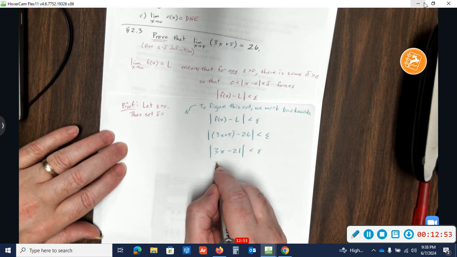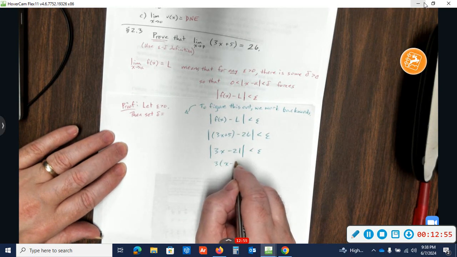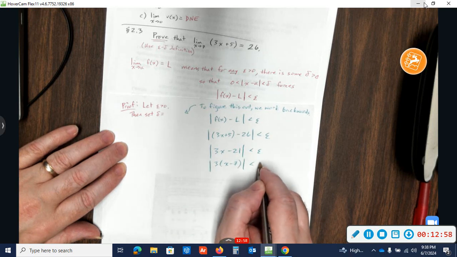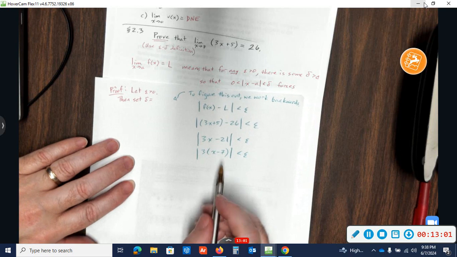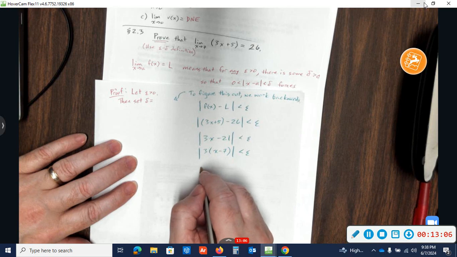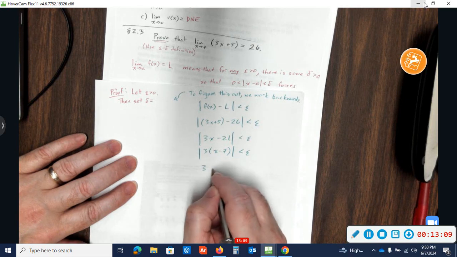And this is 3 times the quantity x minus 7, that's less than epsilon. Properties of absolute values tell me that the absolute value of 3 times this is the absolute value of 3, which is just 3, times the absolute value of x minus 7.